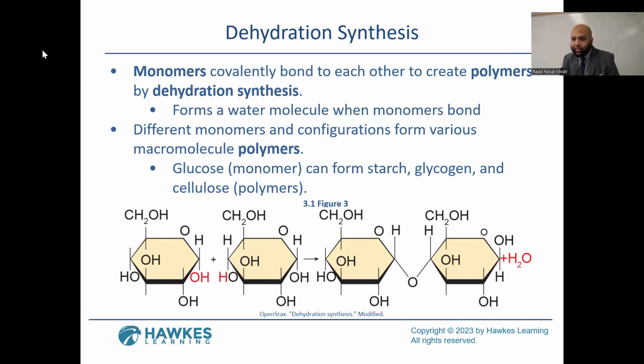This is dehydration synthesis. I remove water to synthesize. Remember, monomers covalently bond to each other to create polymers. When you go from monosaccharide to disaccharide to polysaccharide, you use water removal. You remove water and then you bind them together.